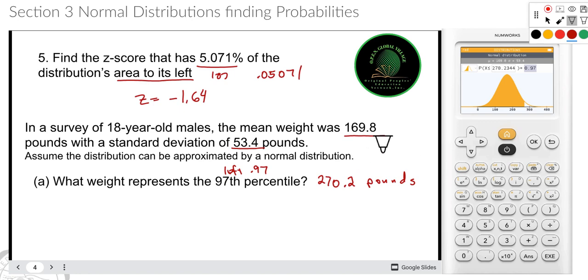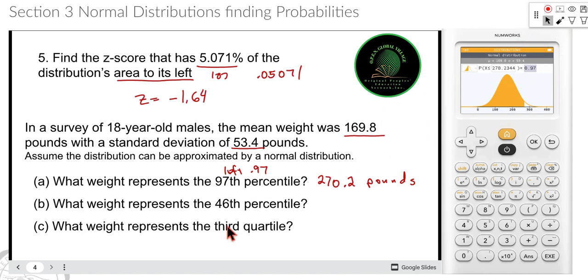Okay, so let's see the next one. What weight represents the 46th percentile? Very similar. We're already set up. All we have to do is, actually nothing much here. We've got the right tool.